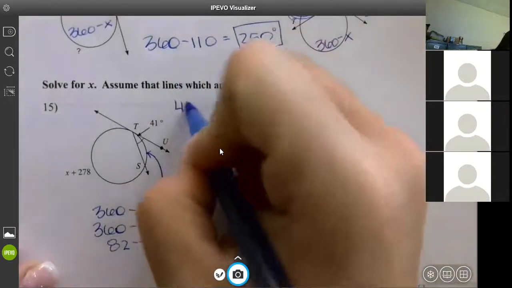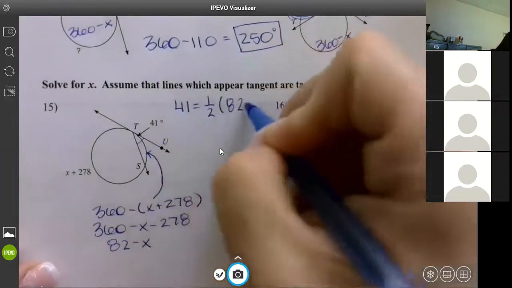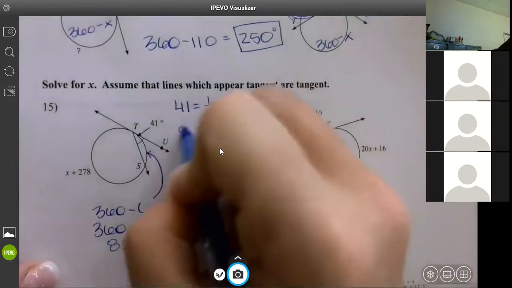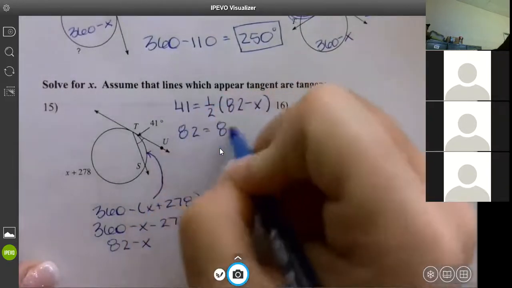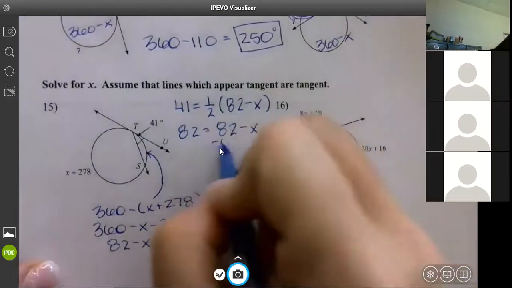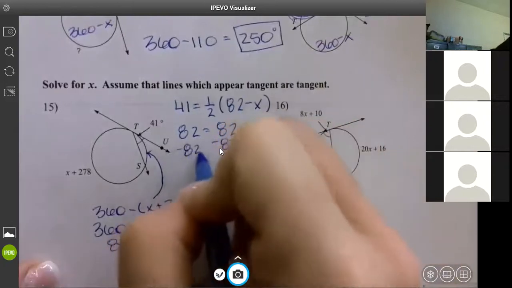So your angle, which is 41, equals half of your arc, 82 minus X. Again, I just multiply by 2, so I get 82 equals 82 minus X, and this is okay. Subtract 82.